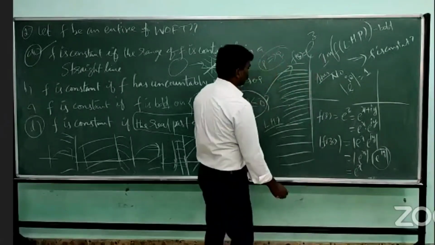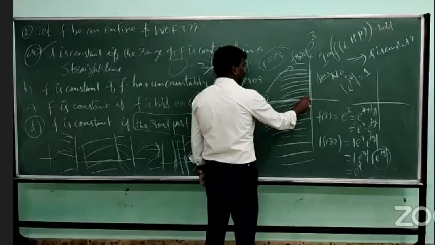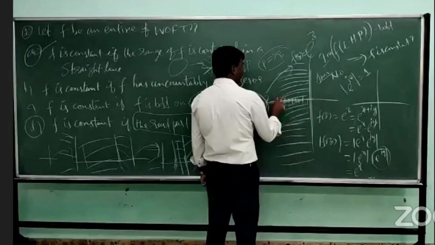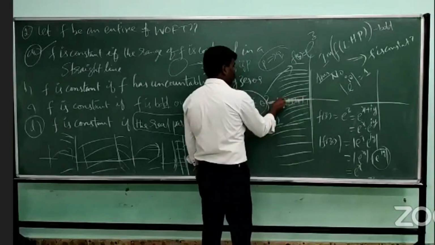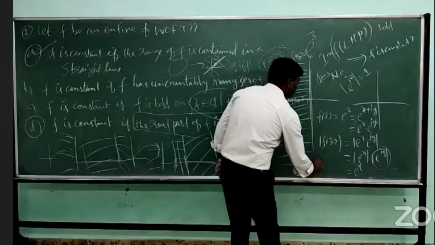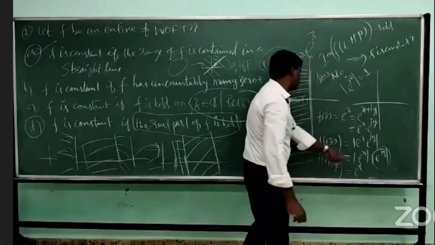Fine. So what can you say about here? This is our left half plane. In the left half plane, the real part is negative. When we take the modulus of f of x plus iy, it is just e power x.